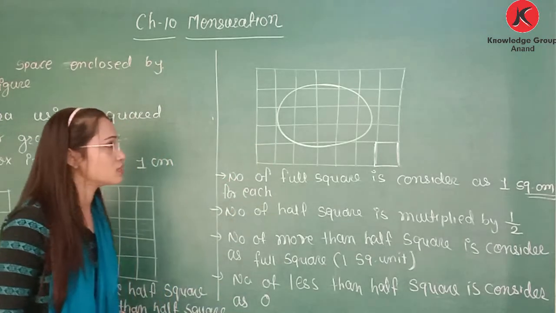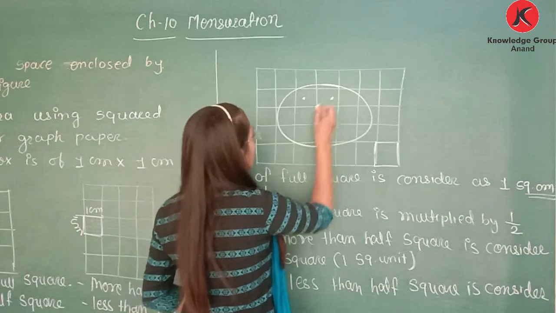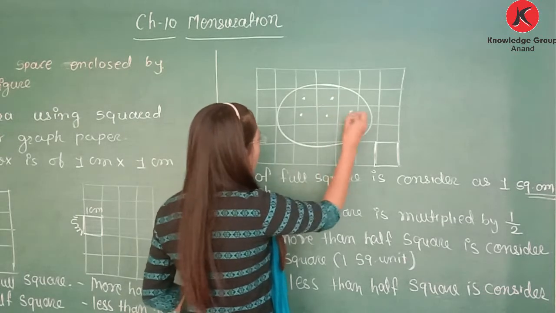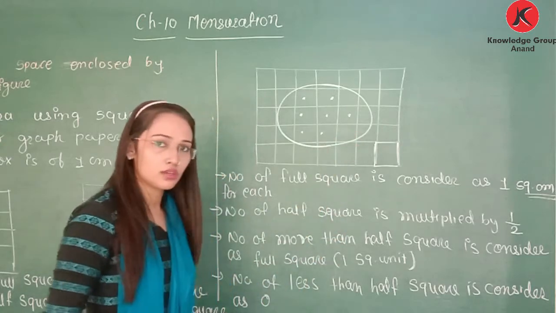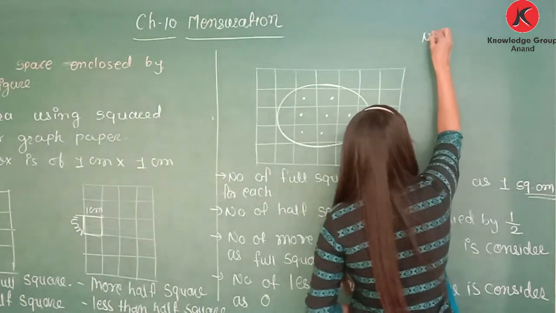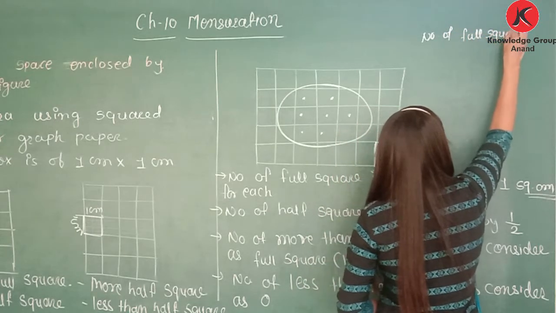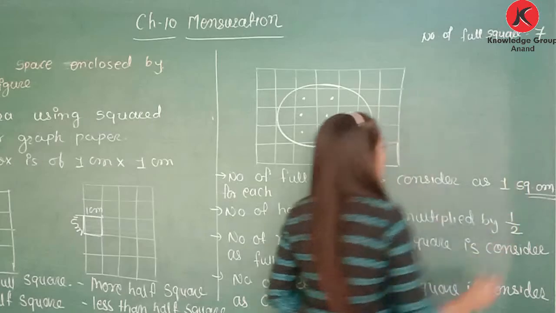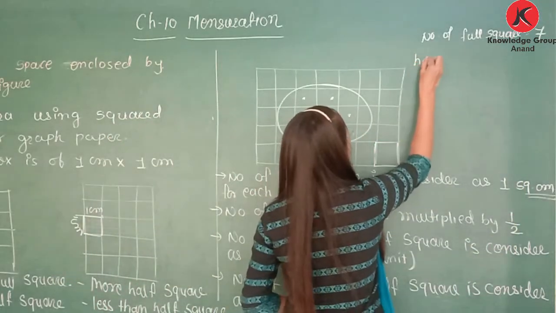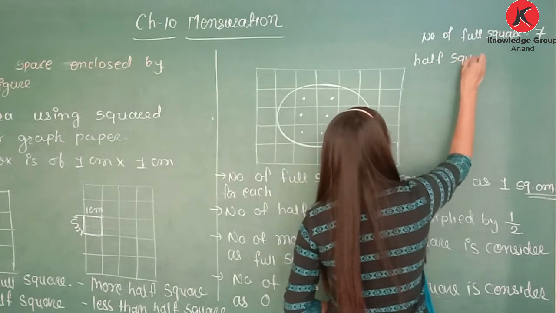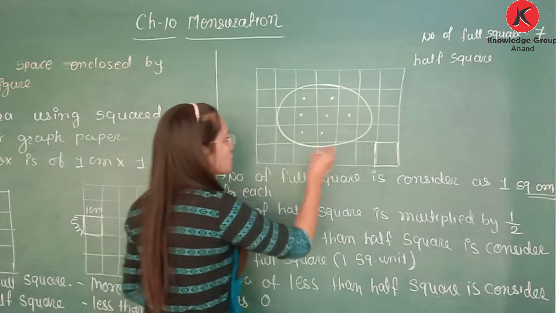So let's find for this figure how many full square we have. You can see 1, 2, 3, 4, 5, 6, 7 and 8. Or you can consider 7. So, number of full square, that is what? 7. So, area will be 7 square. Now, half square. So, there is no half square in this circle.